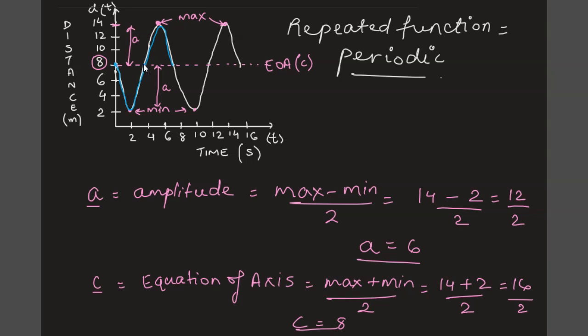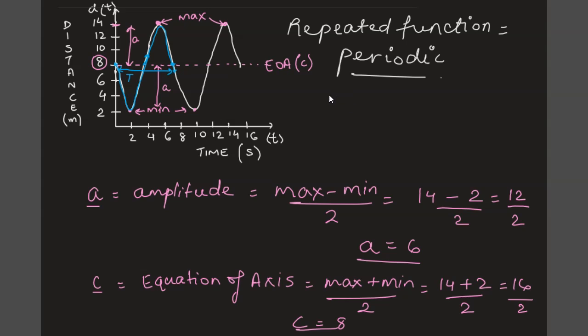Here also I reached the equation of axis point, but I'm not going below, I'm going up. I keep going, and when I come to the equation of axis point, this is where I again start going down. So this is where my start point is reached again, and the time taken from here to here is called the time period.